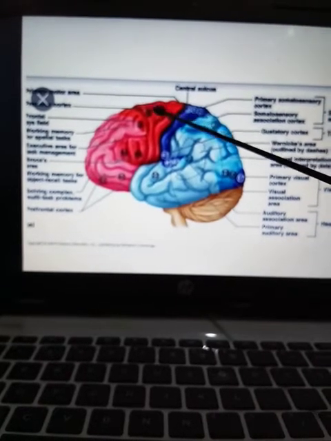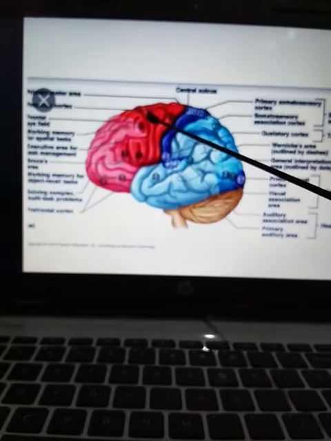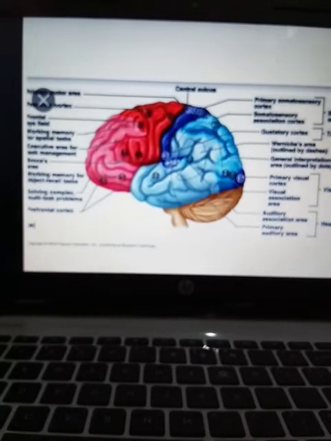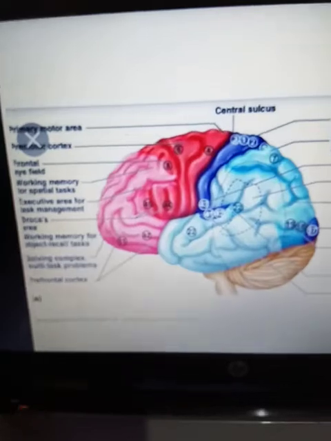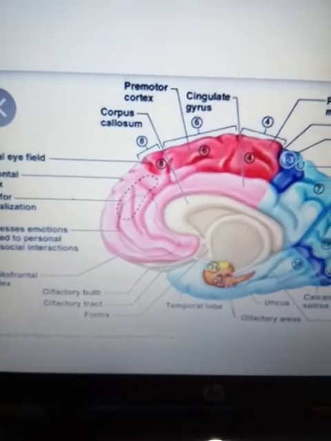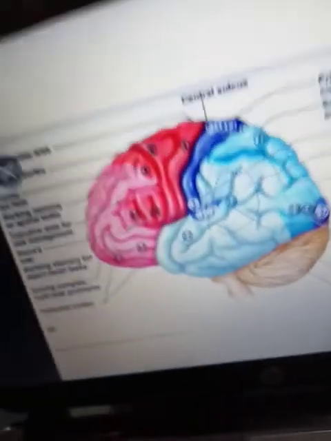Similarly, your premotor area, that is your area 6 and area 8, if they get damaged, the intricacy of the movements is lost. What do you mean by the intricacy of the movements?